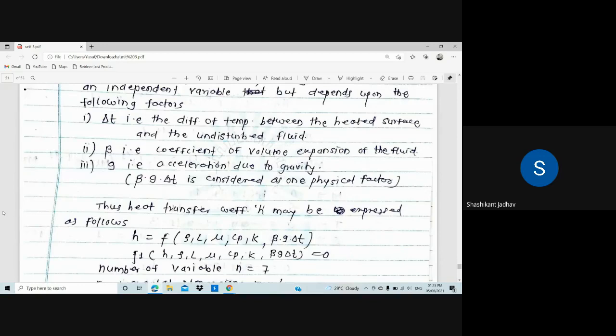So write down the additional factors on which it depends. Write down the first factor, delta T.